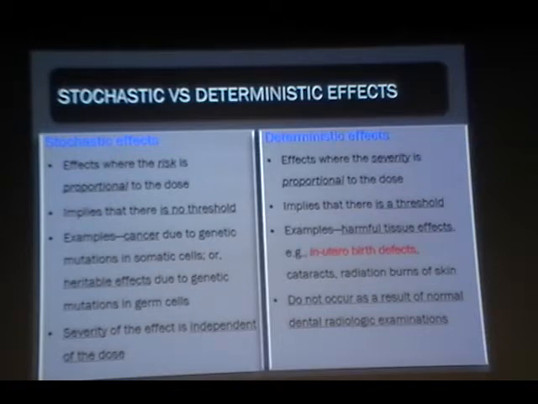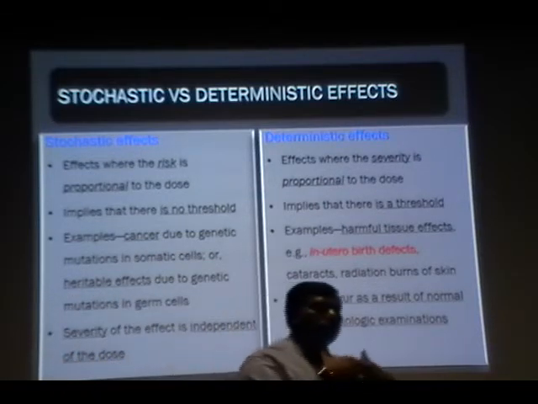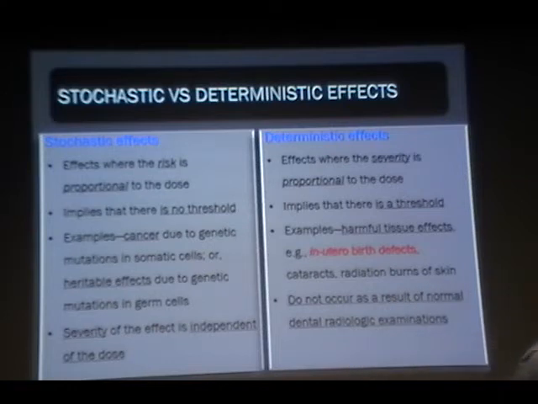Deterministic effects are proportional to the dose that the patient is getting. For example, if on the first day the patient gets 10 units of radiation, and on the third day 20, you have to accumulate depending on the dose. There could be a cumulative effect. That's called deterministic effects.